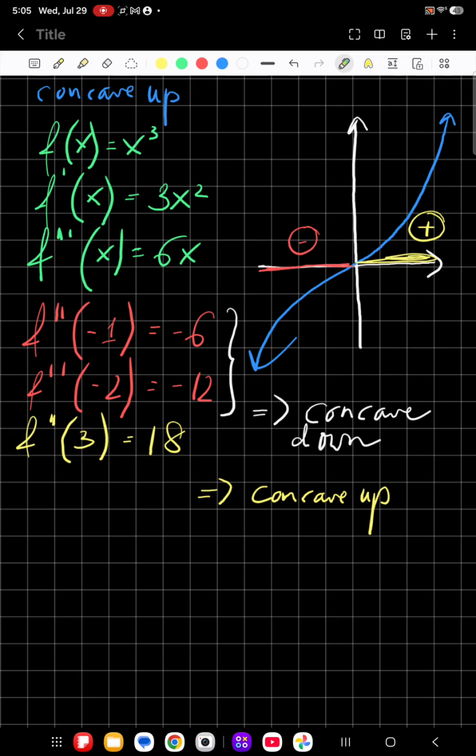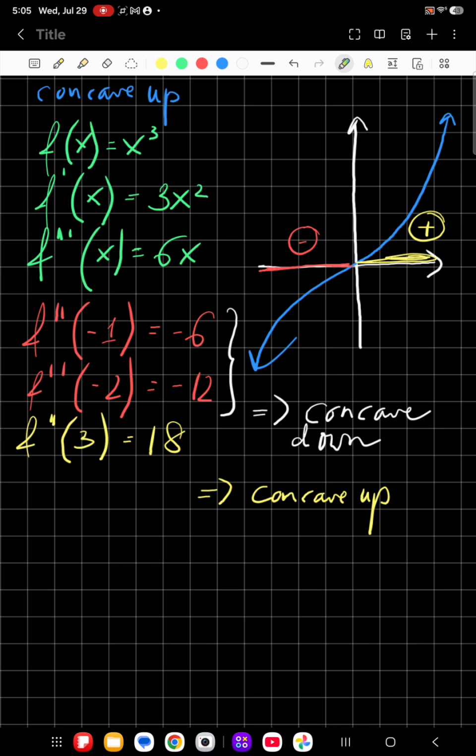Then plug in a couple numbers from the left and from the right, and figure out whether the second derivative is positive or negative. Based on those two pieces of information, we'll figure out whether the graph is concave down or concave up.